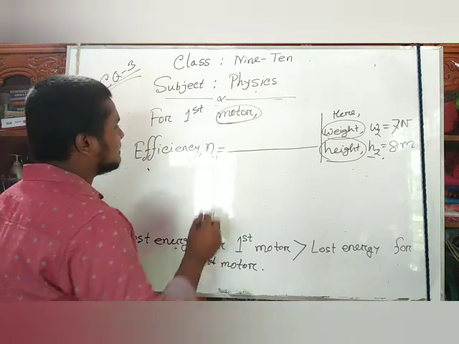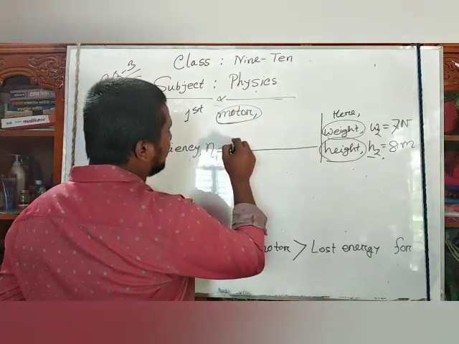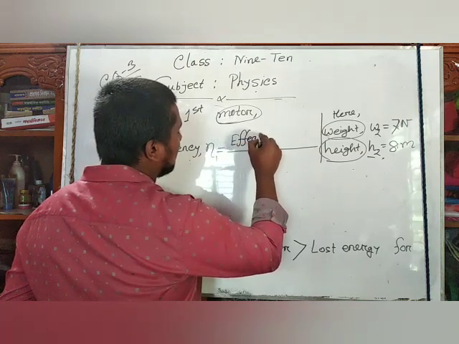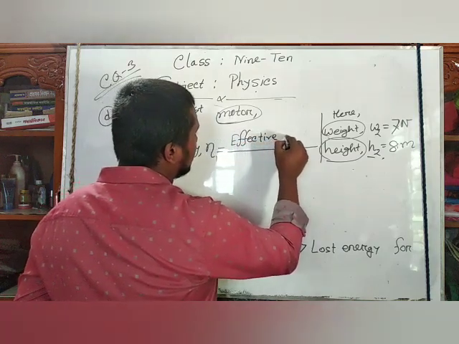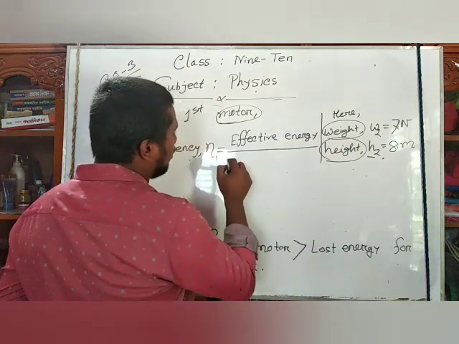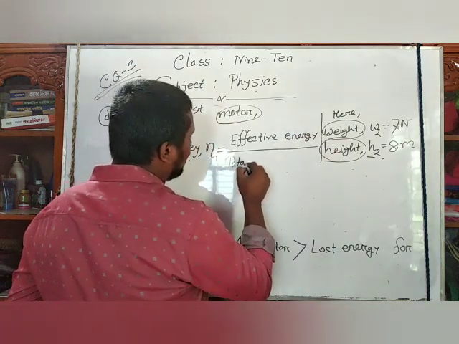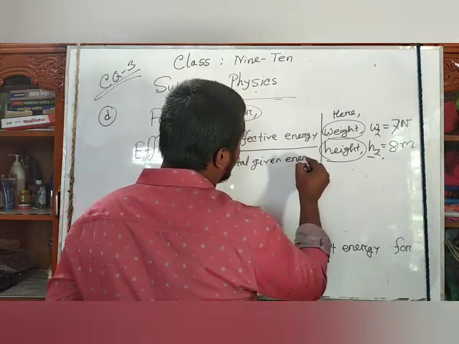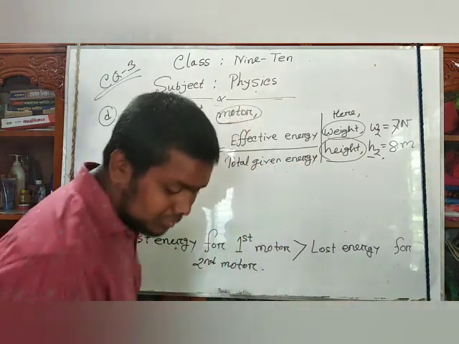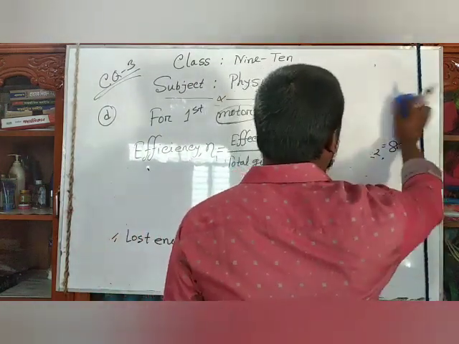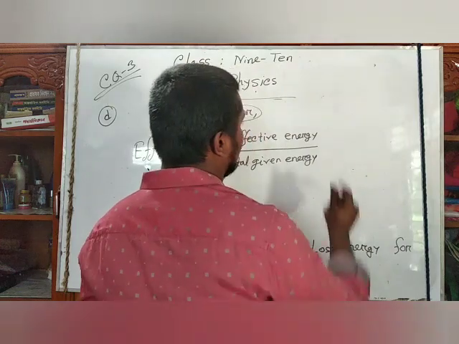So we say that efficiency equals effective energy divided by total given energy, and also multiplied by 100%.